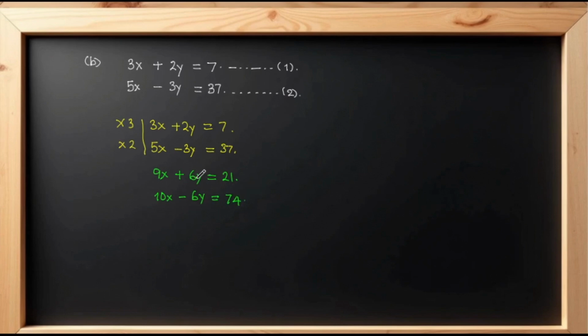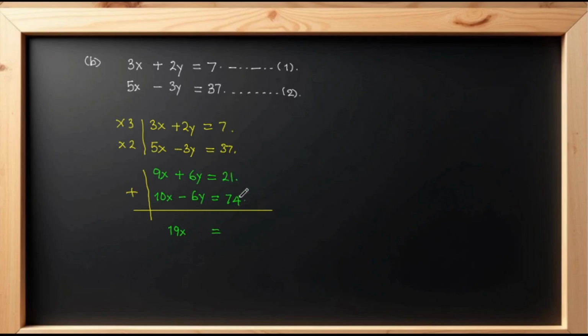Now, since the coefficient of the letter y we're eliminating is the same, we check the sign, and the signs are negative and positive, meaning they are different signs, so we're going to add these two equations together. So 9 plus 10, we have 19x, and then the y terms will vanish to 0.